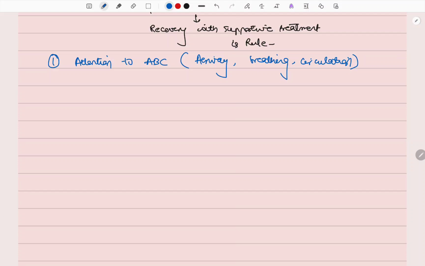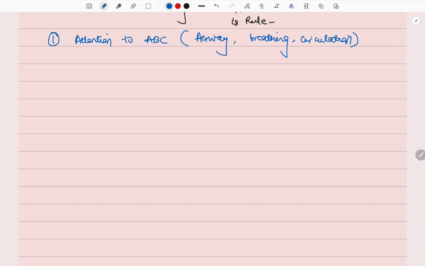In the management of any poisoning, the first thing we do is give attention to airway, breathing and circulation. It means ensure the patient's airway, give acute ventilation, artificial respiration, oxygen inhalation if needed, because when the patient suffers from severe poisoning, the respiratory drive and airway reflexes are lost.